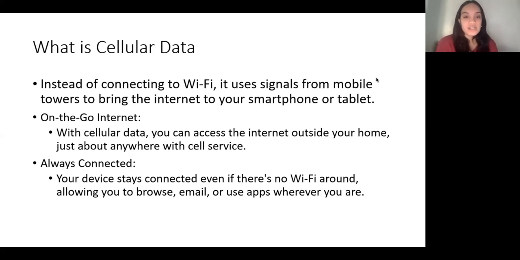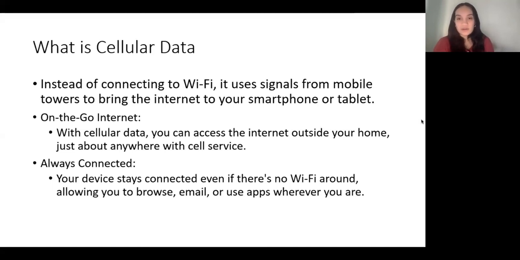And with cellular data, you're always connected even if there's no Wi-Fi around. You're able to go on the internet to ask Google something, read your emails, and use whatever apps you want, WhatsApp, maybe play a video game. All of that is possible because of cellular data.